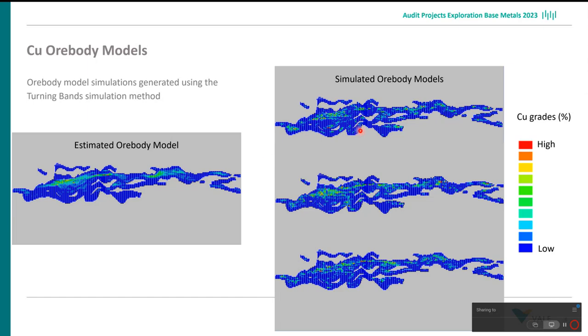On the right-hand side, we have three simulated realizations, and we can see much more variability and uncertainty throughout these different realizations.